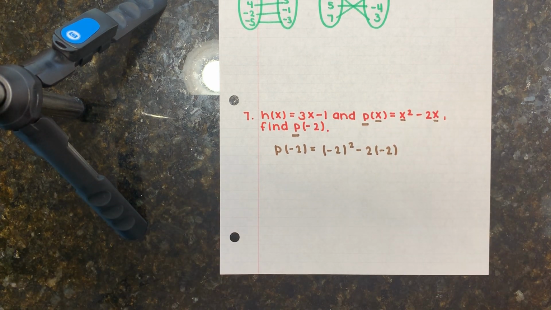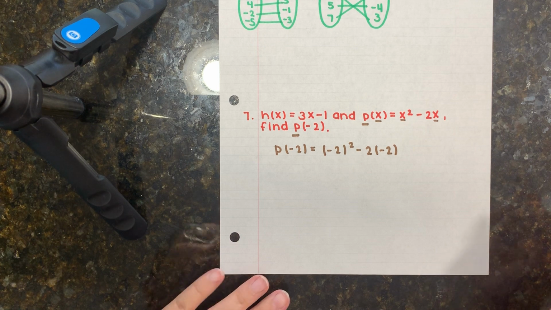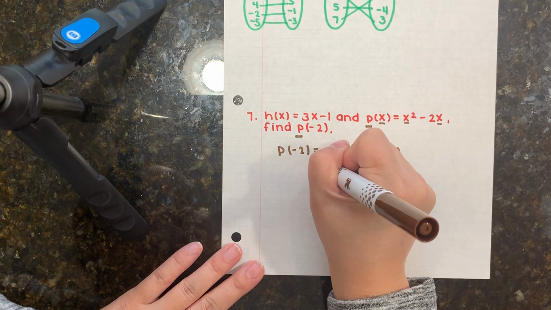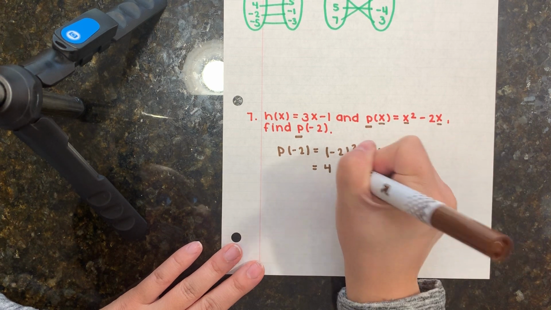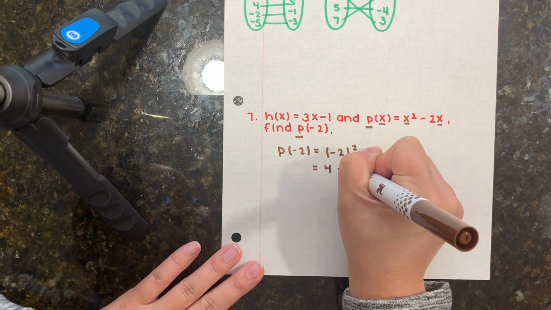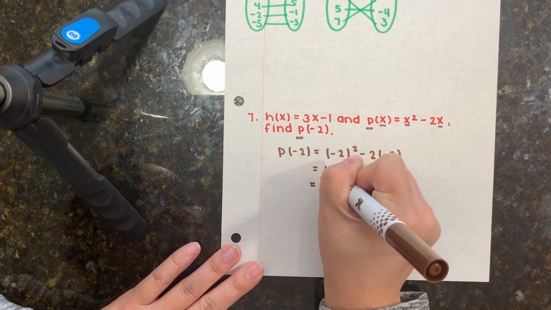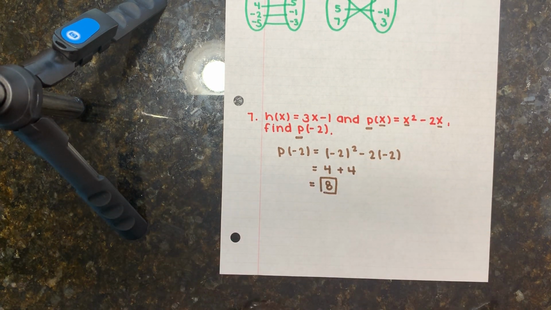So the biggest thing to remember is just to put those variables in parentheses. Now I'm going to evaluate negative 2 squared is 4, and then negative 2 times negative 2 is positive 4 as well. So when I add that together, my answer is 8.